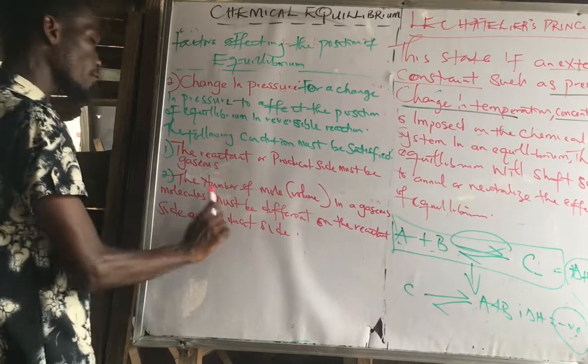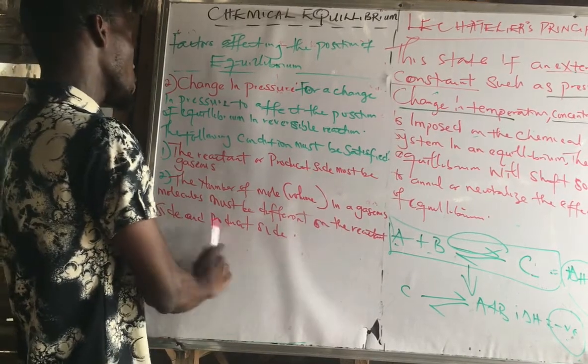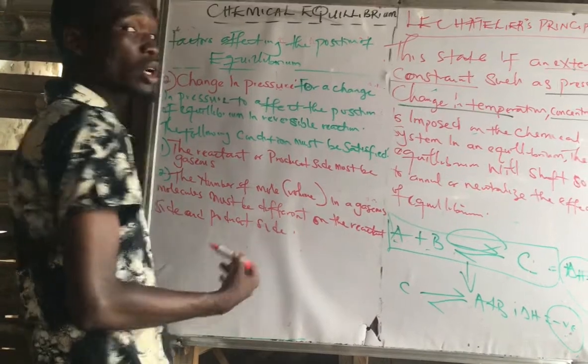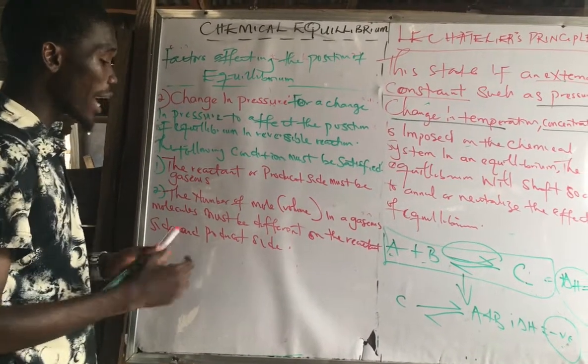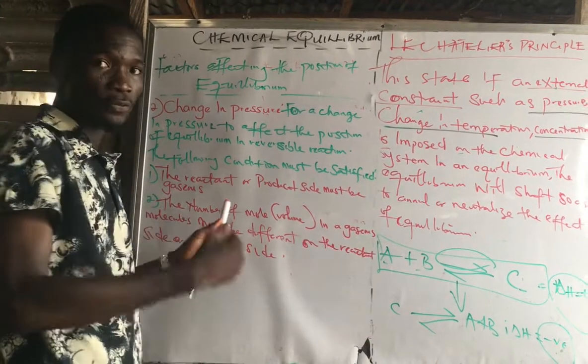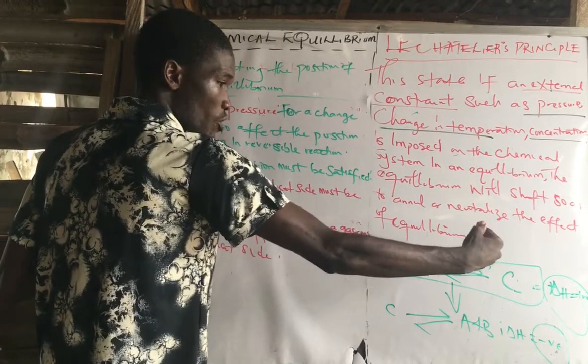So they said the number of moles in the gaseous molecules must be different on the reactant side and product side. That is, the number of moles we have at the left hand side must also be different from the one we have at our right hand side.